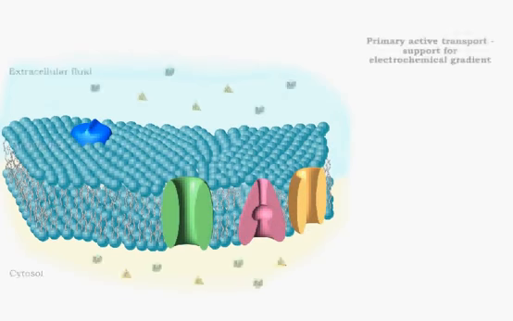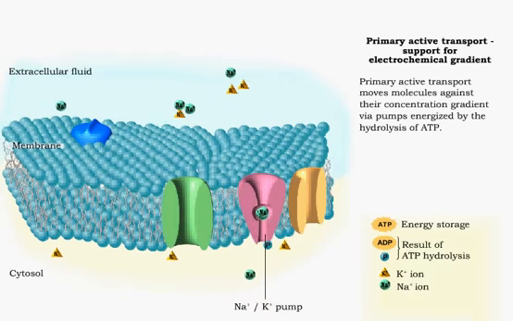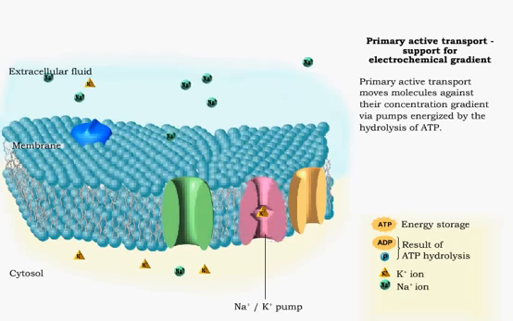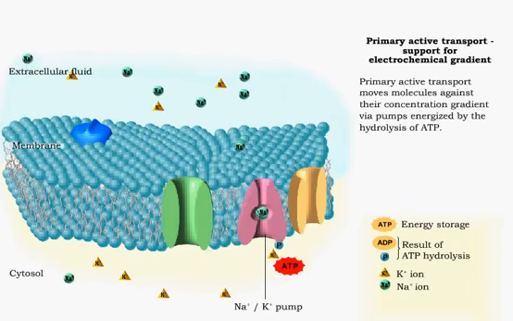Primary active transport of charged or polar solutes requires membrane protein pumps that use energy supplied by the hydrolysis of ATP. This causes a conformational change, moving the molecule up its concentration gradient.